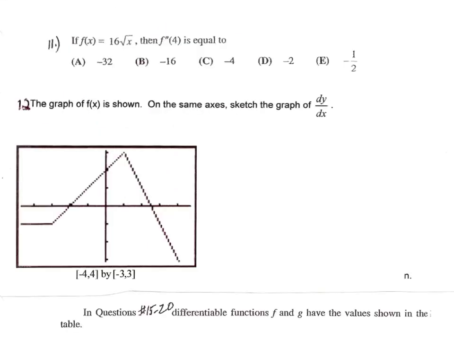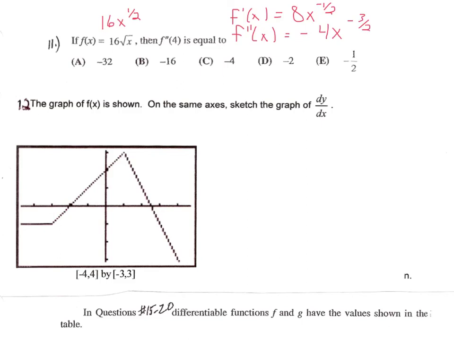For problem 11, we want to find the second derivative and then plug in a 4. So we're going to rewrite it as 16x to the 1/2. So then the first derivative will be 8x to the negative 1/2. And then our second derivative will be negative 4x to the negative 3/2.